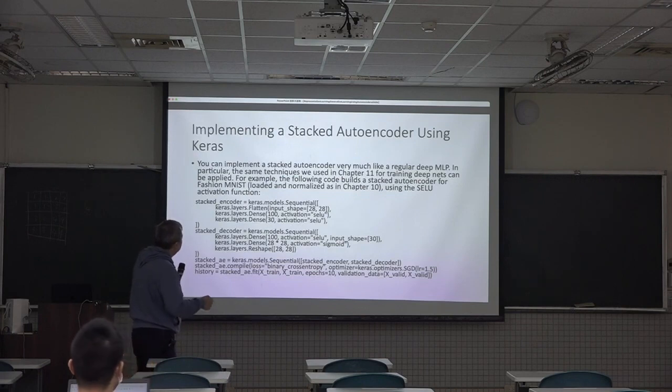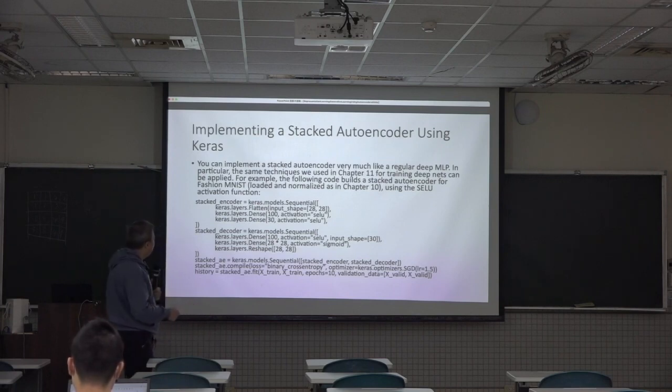If you want to implement such a stacked autoencoder using Keras, it's very simple. Again, we use the Sequential API. As I said, we use Fashion MNIST, so for the input layer we flatten the 28 by 28 pictures, and then we have 100 neurons.